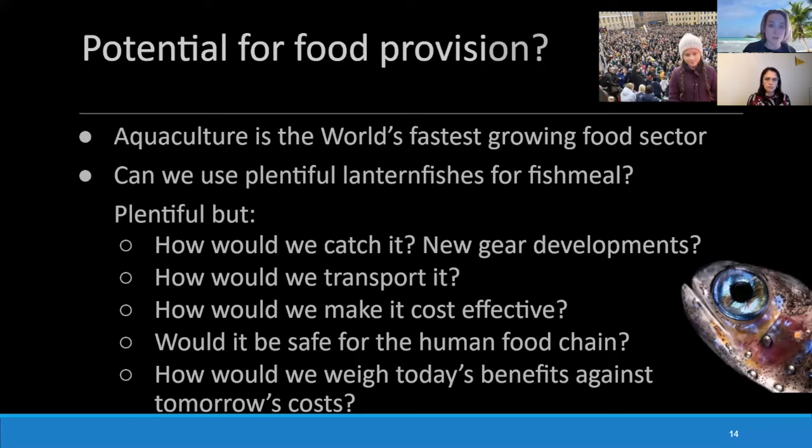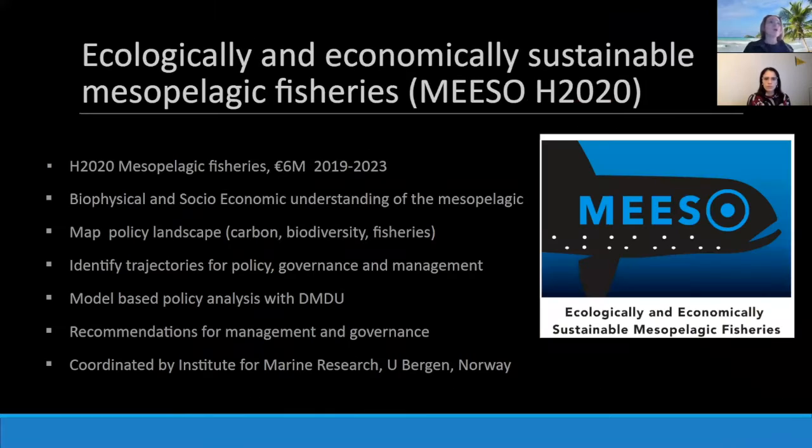So this leads us to the Horizon 2020 project that I'm involved in right now, and this is the MESO project. This is to examine ecologically and economically sustainable mesopelagic fisheries, to assess, is this really a good idea?